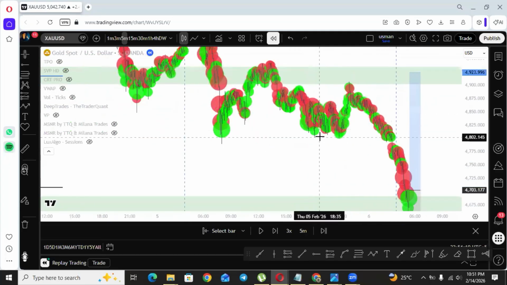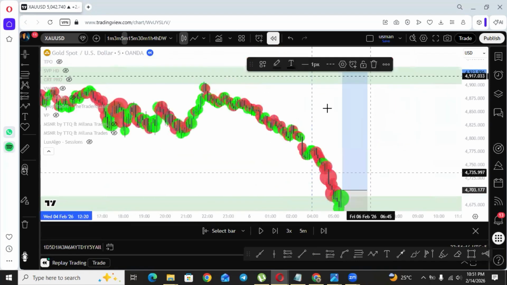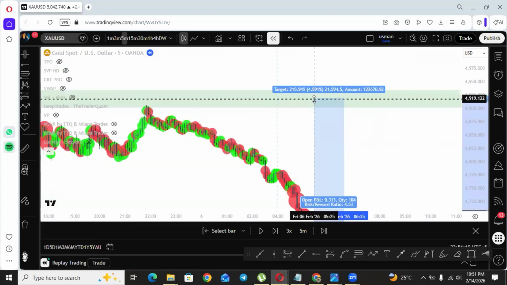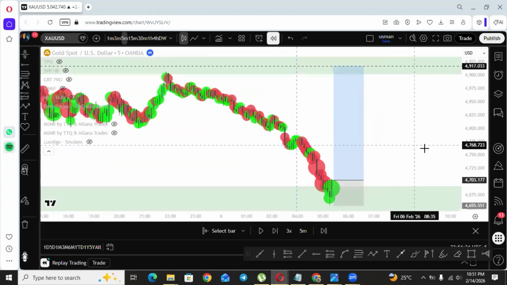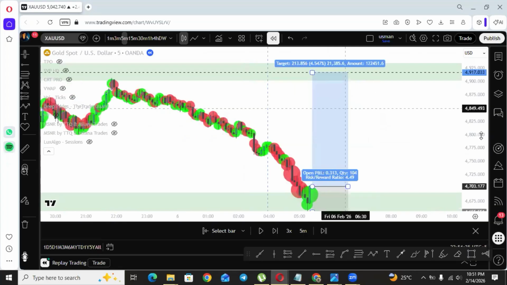So let's mark the POC, point of control. We will target our trade towards this area, because that was our bias.